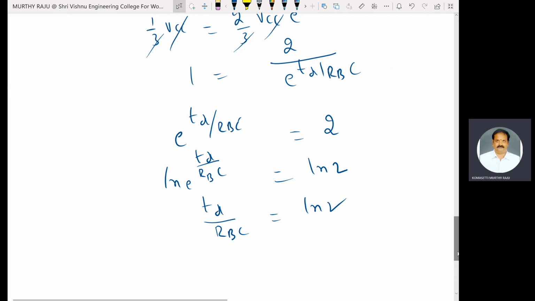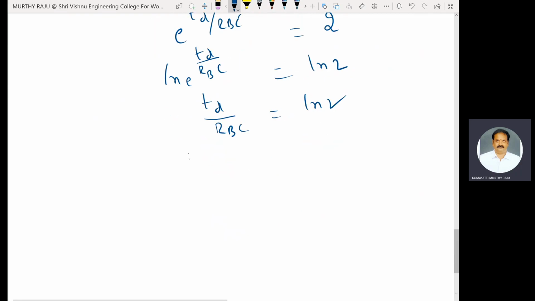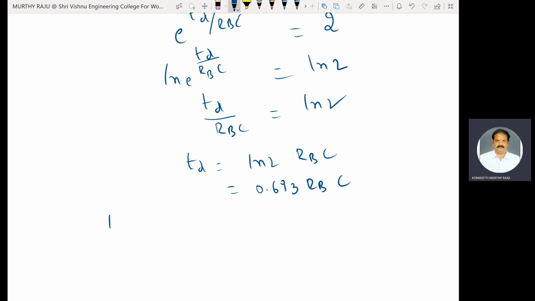Therefore, the discharging time constant TD is equal to ln 2 RB into C, that is 0.693 RB into C. This is T off. 0.693 RB into C is nothing but TD.